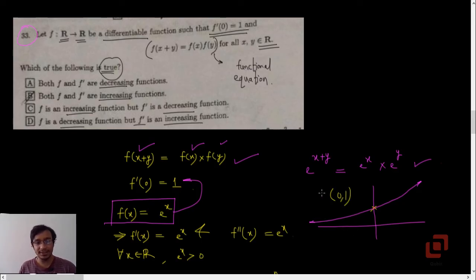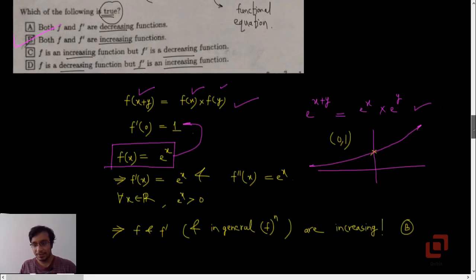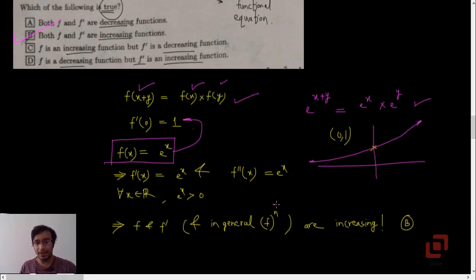So f is increasing, yes, but at the same time f dash of x, which is e to the power x, is also increasing. That means the correct option is B. Not only f but also f prime or f dash are increasing functions. In general, the second derivative or nth derivative with function f are all increasing functions.